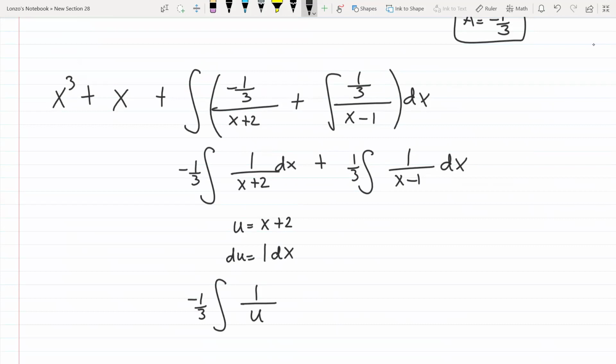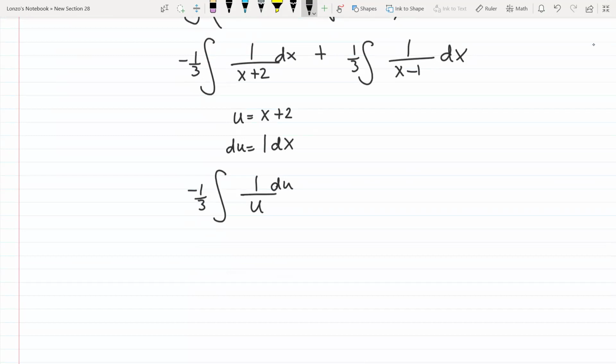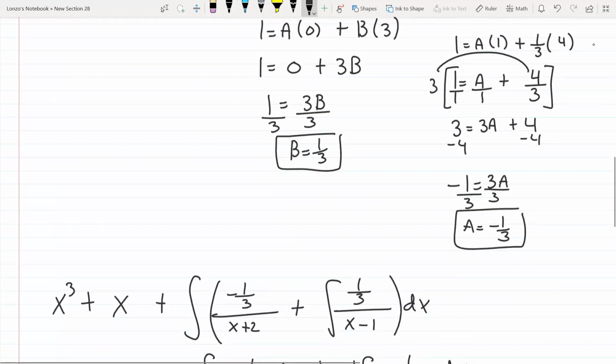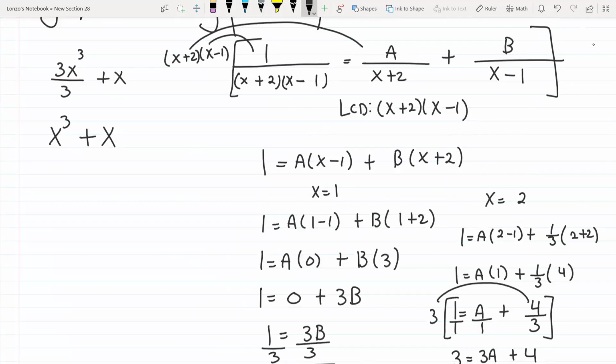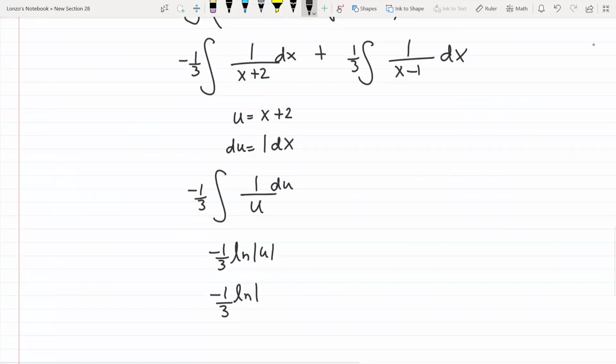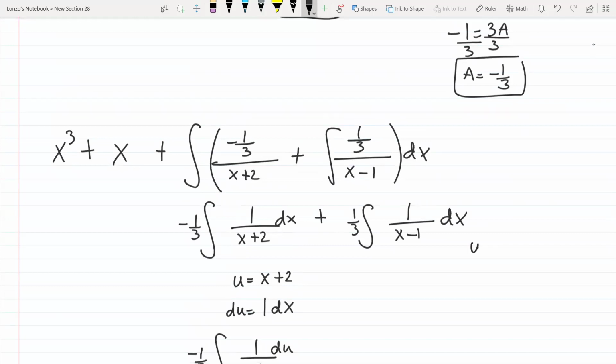Okay, so this part here, what's the integral of 1 over u? It's ln of u. And then you still have to multiply by negative 1/3. And u is x plus 2. And then over here, we're going to do u substitution again, and we're going to set u as x minus 1. du would be 1 dx.